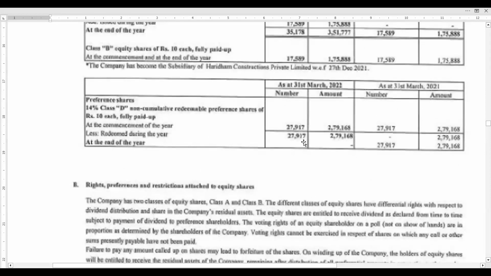Now further, if you see, shares reserved for issue of options, aggregate number and class of shares. See, for the period of 5 years immediately preceding the date at which the balance sheet is prepared.